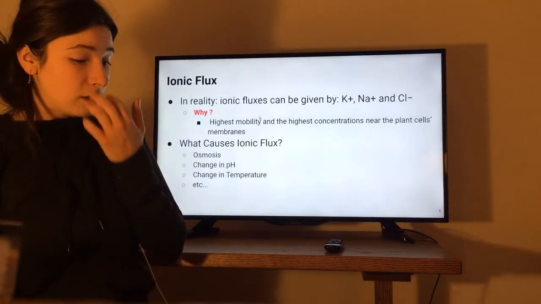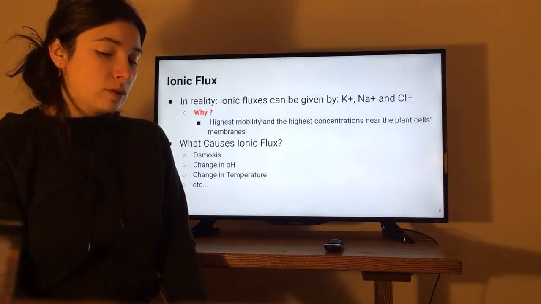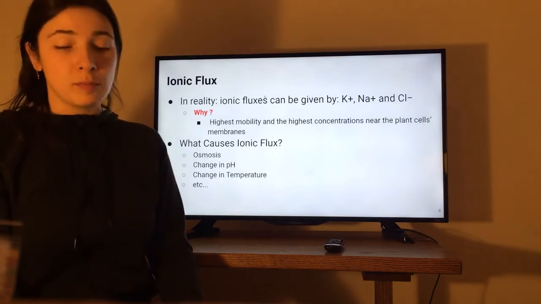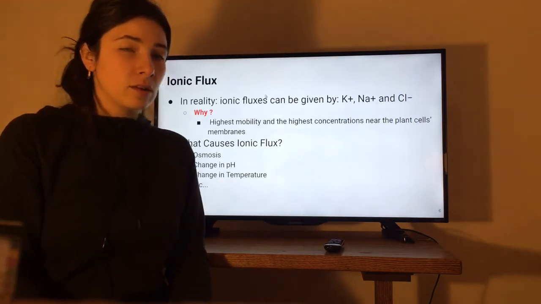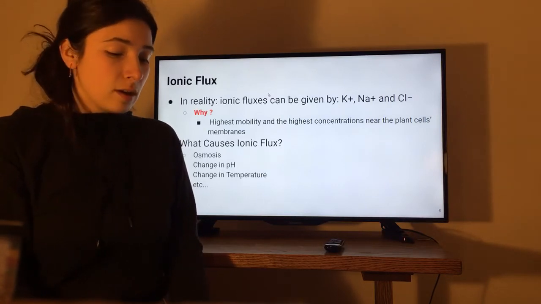So these ionic fluxes are mostly focused on the three that we just looked at. And why? Because they have the highest mobility within a plant. They also are at highest concentration, so it's easier to map out focusing on these ions.